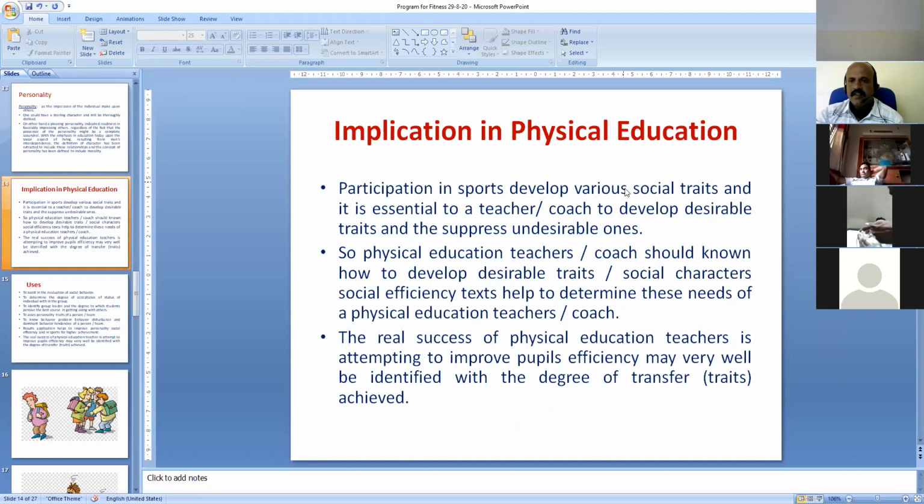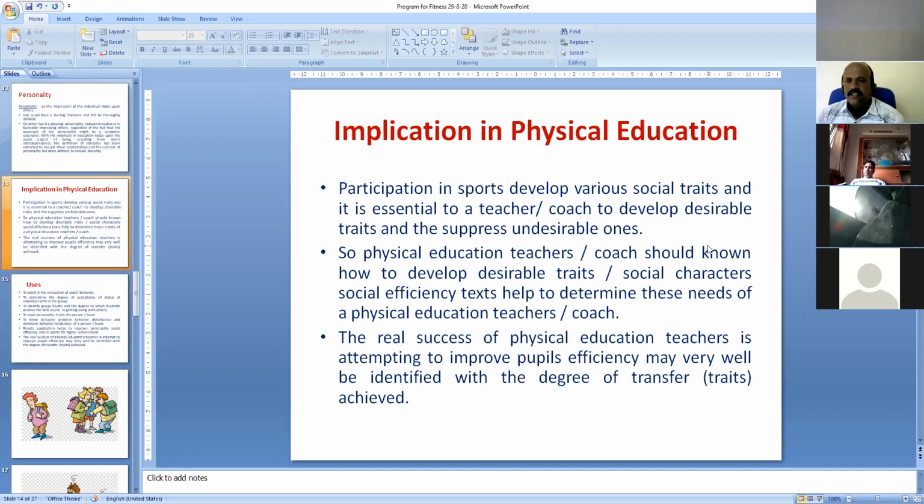Participation in sports develops various social traits, and it is essential for a teacher or coach to develop desirable traits and suppress undesirable ones. See, it is proved that participating in sports develops many desirable social qualities, and also many people's behavior has been changed when they come to participate in sports. So these are the qualities developed by sports persons by participating in sports.